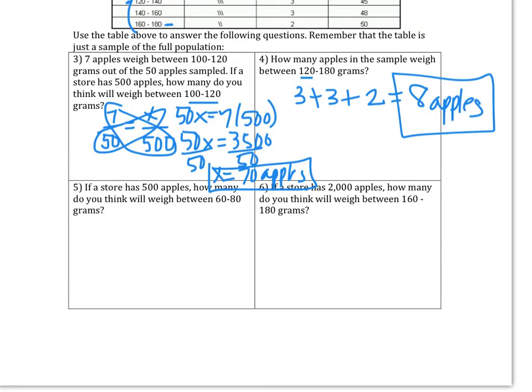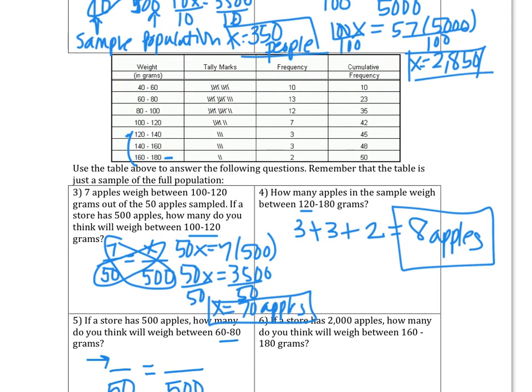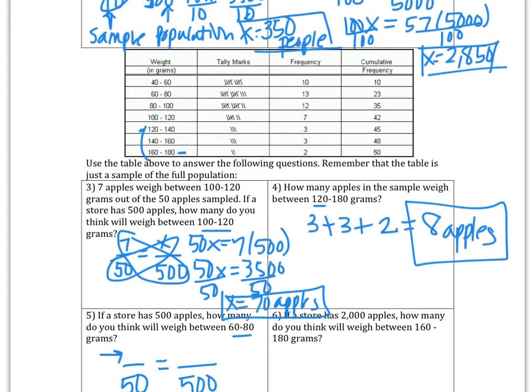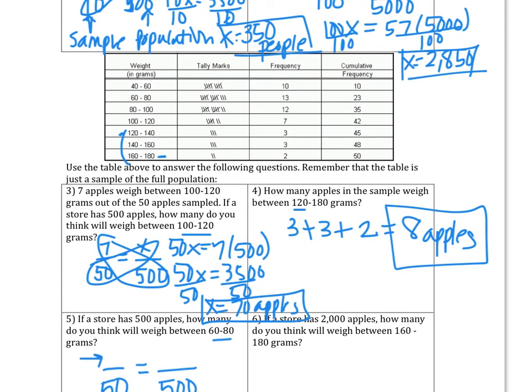Number 5, if a store has 500 apples, how many do you think will weigh between 60 and 80? So here's our sample, and there are 50 that we know are in our sample size out of a population of 500. So this is what we need to find using our chart. So we want to find those between 60 and 80. So I'm going to go back to our chart, and 60 and 80 is right here.